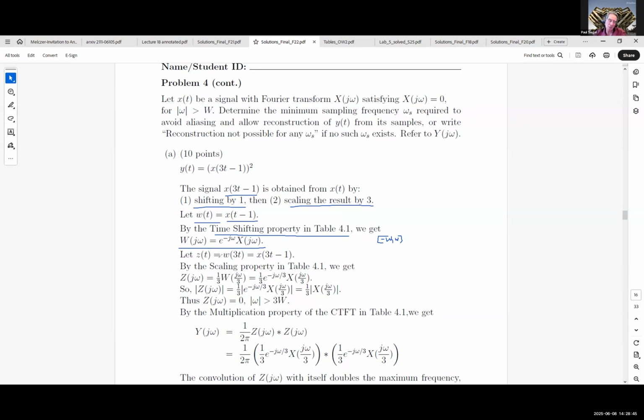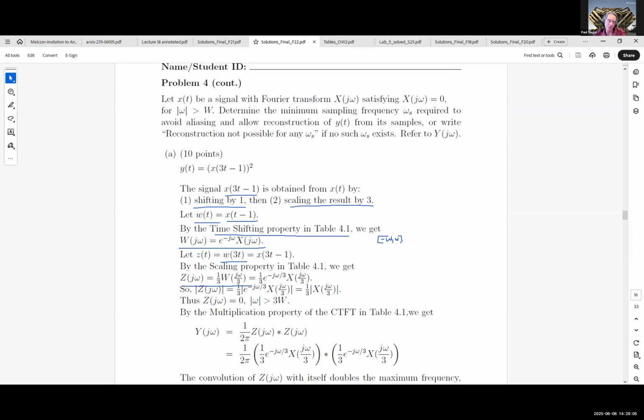But then we take that signal and scale it by 3. The scaling property says that when you scale by 3, you multiply by 1/3 and you divide the frequency argument by 3.